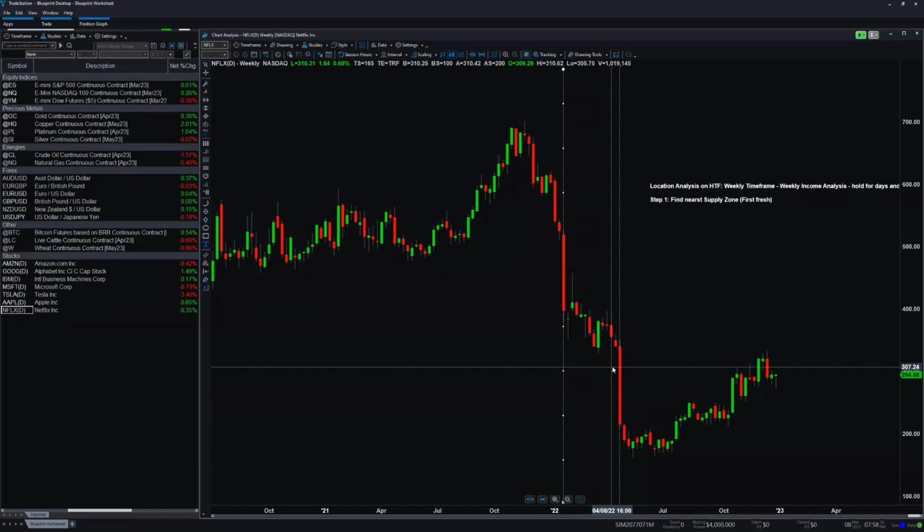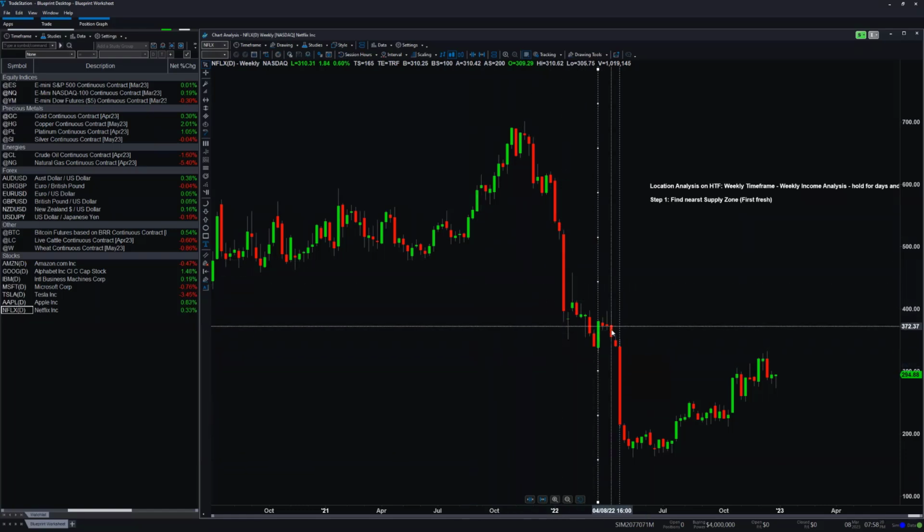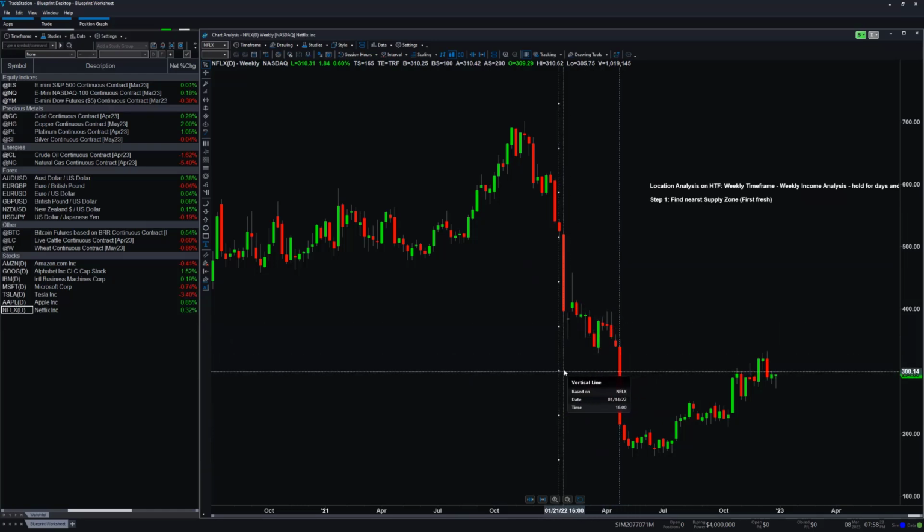Regardless of what I'm going to do, I would be fine with either way, right? This one would be okay because it meets the rules here: rally, base, drop. If you said, well, I'm really visualizing this and I'm seeing this on the higher time frame as drop, base, drop, that's also fine with me. Both would be correct in my books.